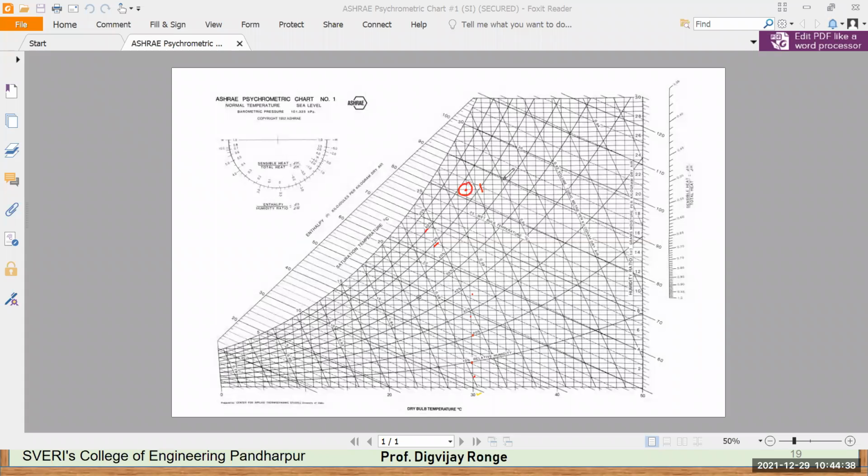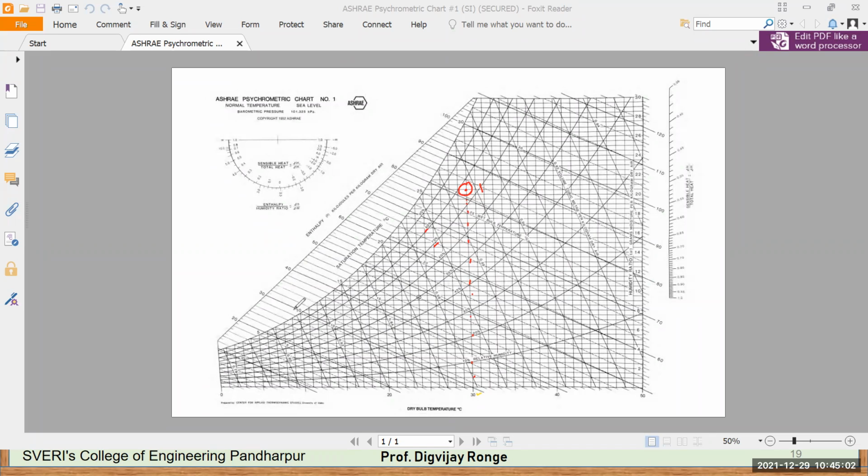So how have I taken this? This is 30 degree DBT, and between 70 and 80 there will be 75. Like that, I have taken point 1 by my judgment. Now I have to locate the dew point temperature, 14 degrees Celsius. Dew point temperature always lies coincident with the wet bulb temperature.